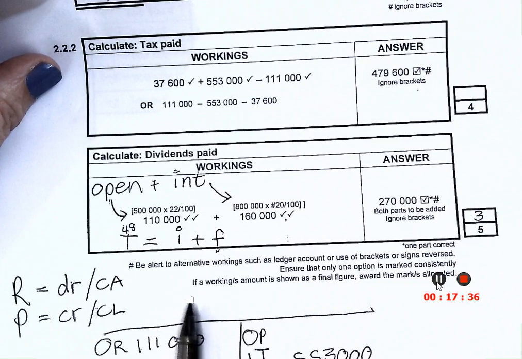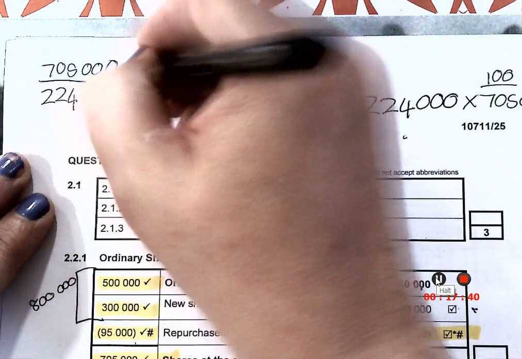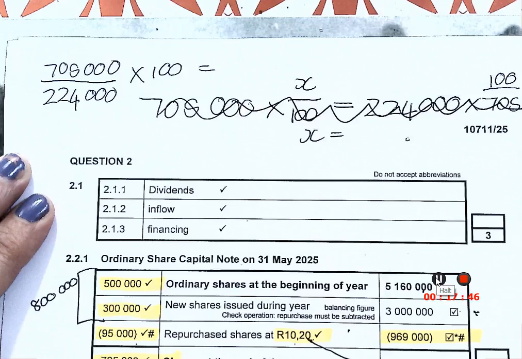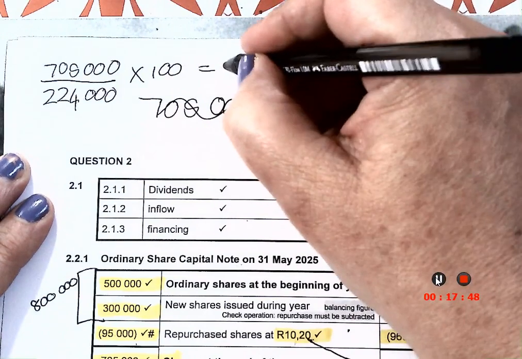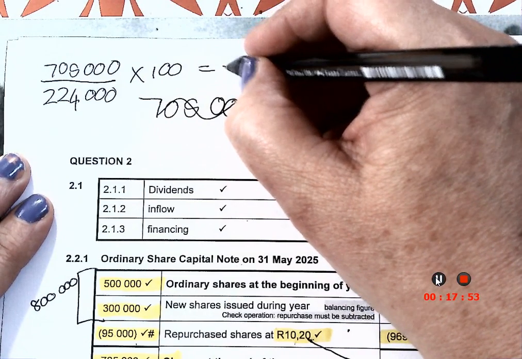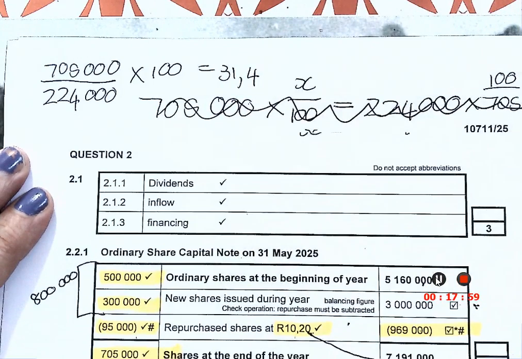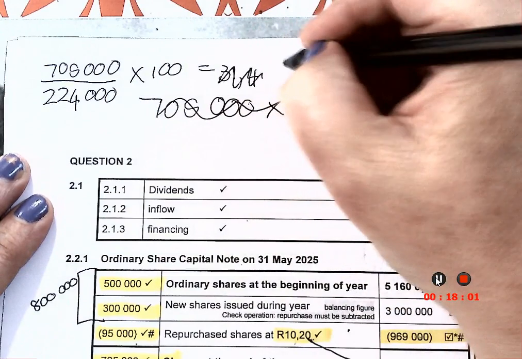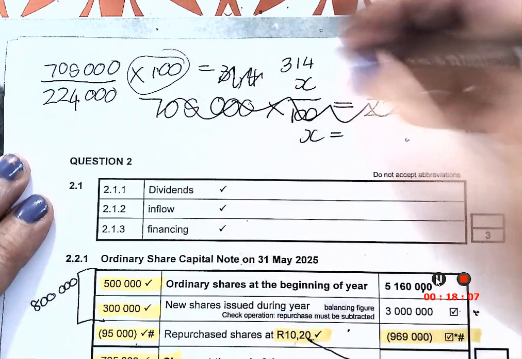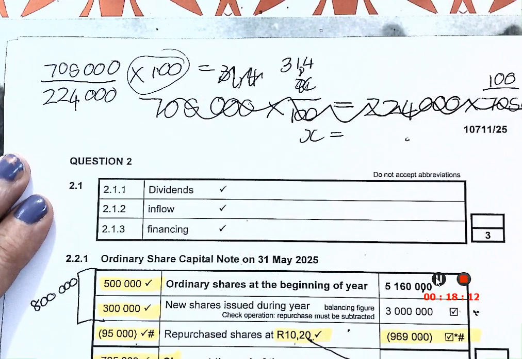Okay, let's try this. 224 times 100, what does that give you? 314. It's the same. 31.4. No, ma'am, it's 314,73. Oh, okay, because I times 100. If I don't times 100, I have 31.4. And that still gives me 16 cents.